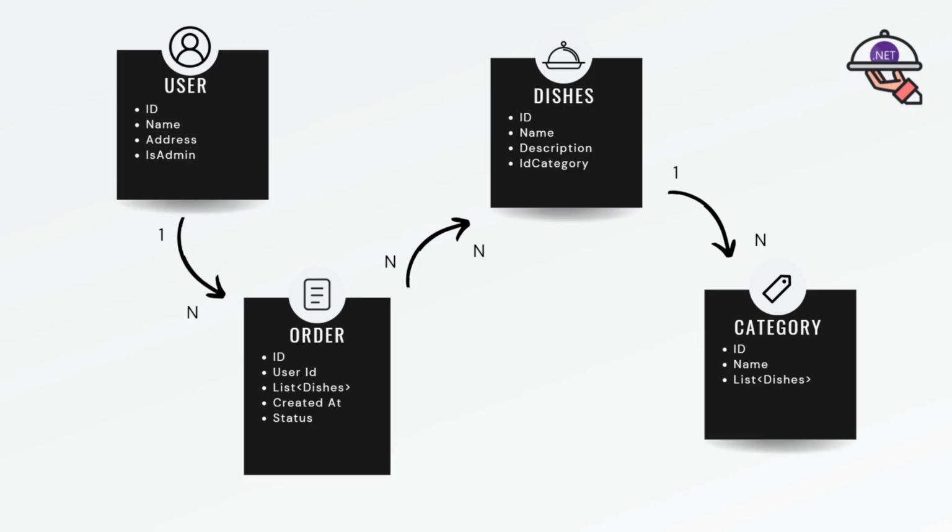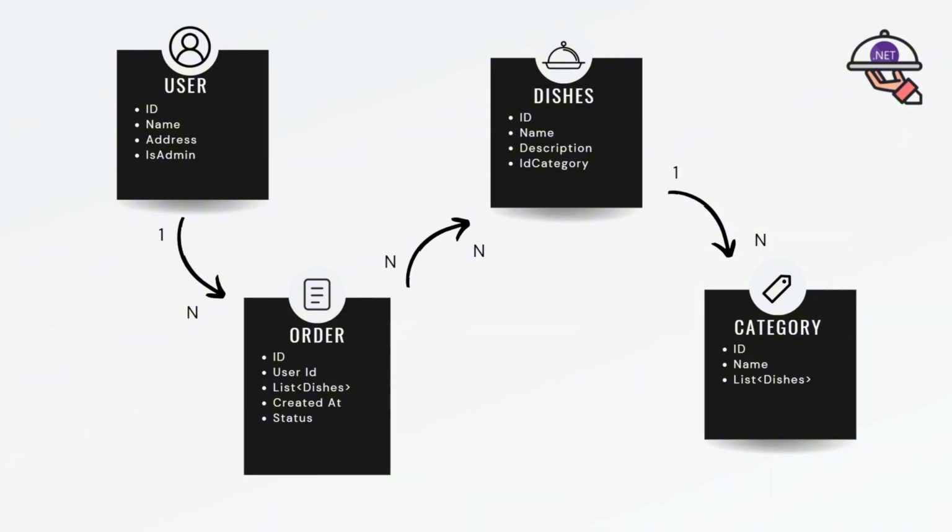A dish will be able to have a list of photos, so we can create a carousel to display these images and this kind of thing. We'll also have a search functionality to search for an order, a dish, a user. We'll have, of course, tables to bind our data.